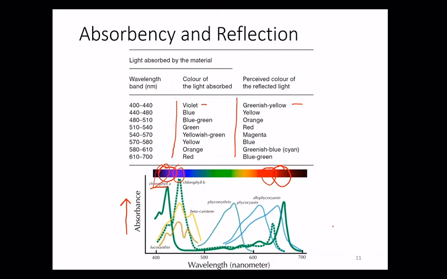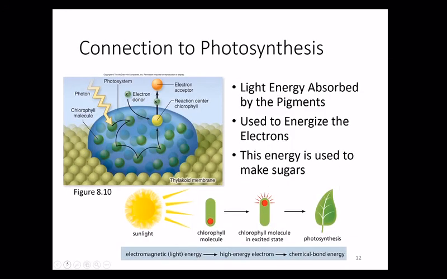So how does this connect? Just as a side note, I think looking at the biology here, how does this connect to photosynthesis? Well, photosynthesis is the process by which the energy is turned into chemical energy. And so the wavelengths of light that are connected, that energy is used to excite electrons that can then be used as an energy source in the process of making molecules or making sugars.